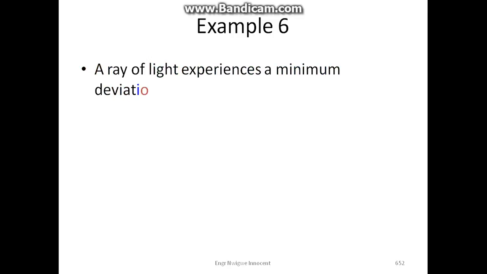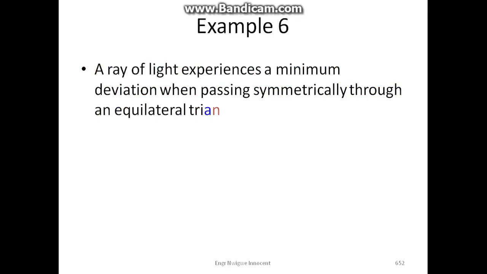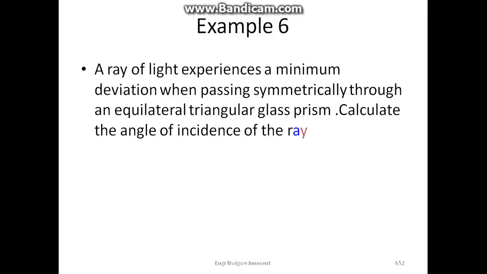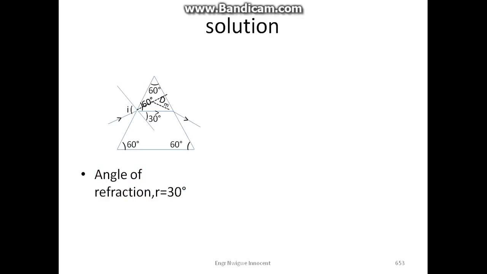Example 6. A ray of light experiences minimum deviation when passing symmetrically through an equilateral triangle glass prism. Calculate the angle of incidence of the ray, taking refractive index of glass equal to 1.5. Solution. Looking at the diagram, angle of refraction r is equal to 30 degrees.